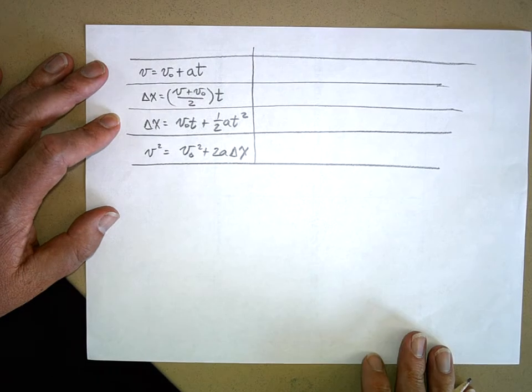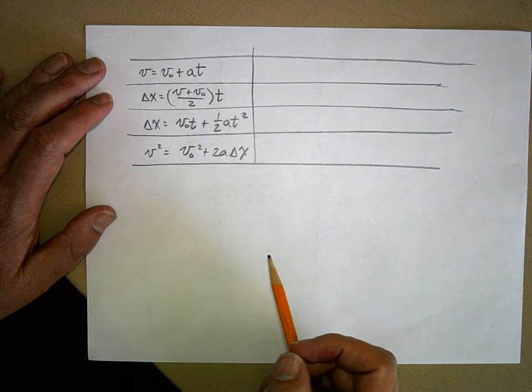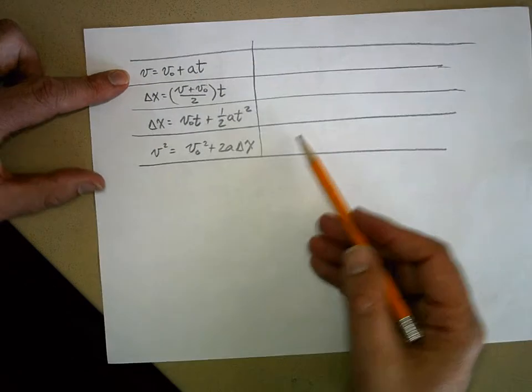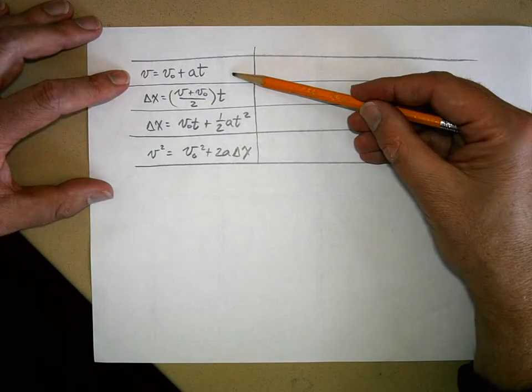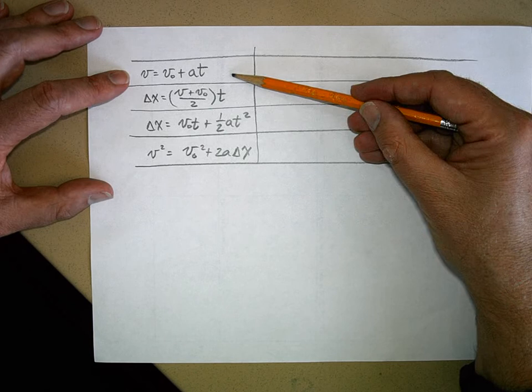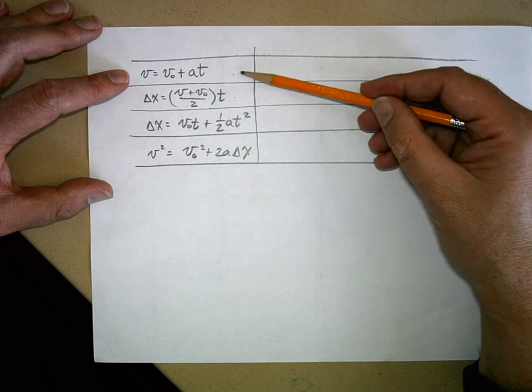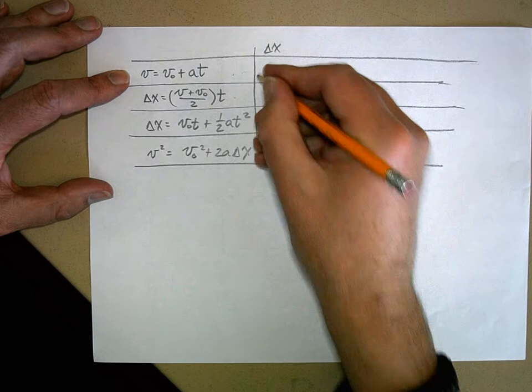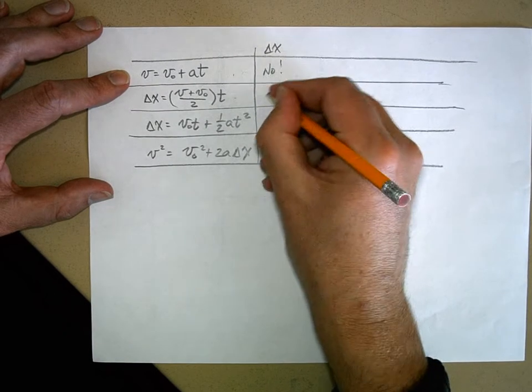Now, let me ask you this. What variable is in all of the equations except the first one? What's in this one, and this one, but not in this one? Yeah, delta x, the displacement. Yes, yes, yes.